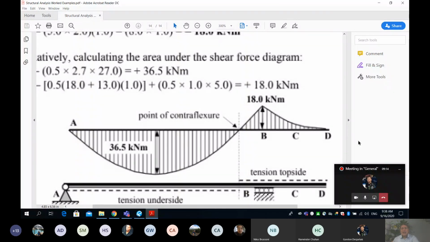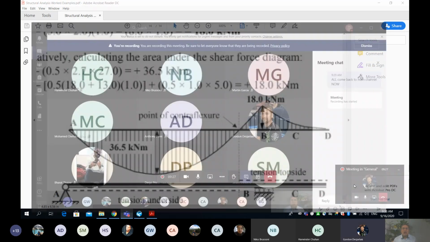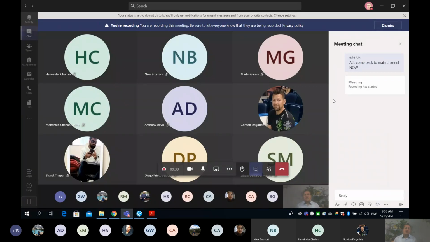Why is this happening? Here is the secret. Guys, both what you've done and what is in this document are correct. In different countries of the world, they draw the bending moment on different sides. Some of them draw it on the tension side, and some of them draw the bending moment on the compression side.